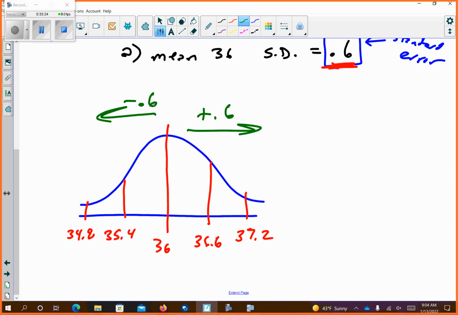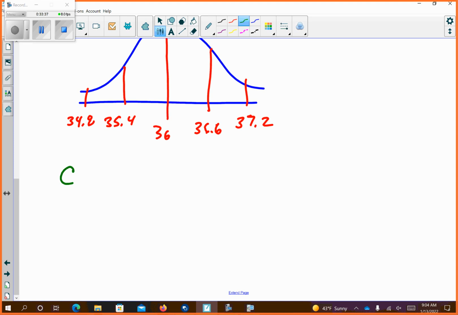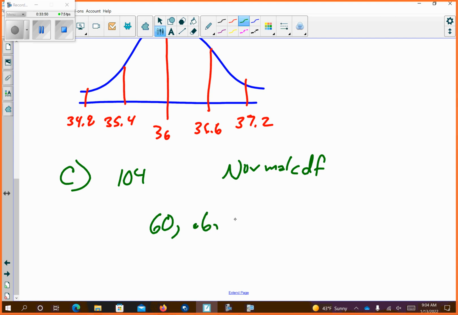And then letter C, it's greater than what? 104. 104? Okay. So for the letter C, they want us to use this 104. So this is the normal CDF. So we're going to use the mean being 60, the 0.6, 104, and we want what percent of random samples of size 100 will have greater than 104, so we can make this like 1,000.